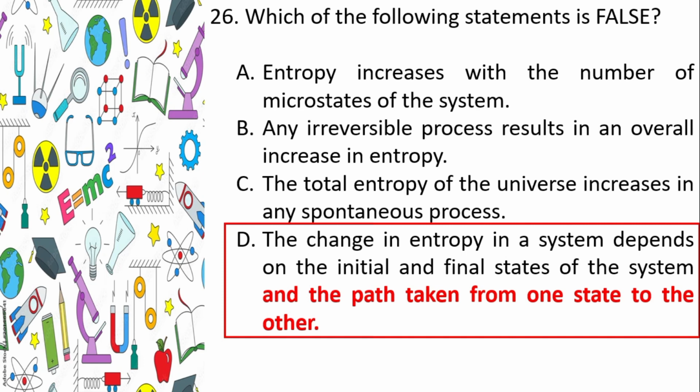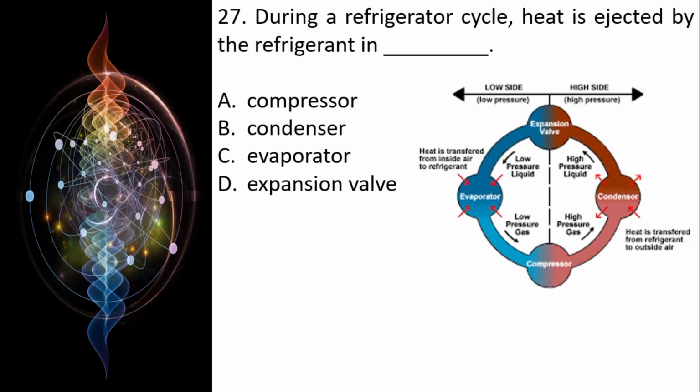Okay? Letter C, which is correct. Letter C, the total entropy of the universe increases in any spontaneous process. Every time there is a process in the universe, entropy increases. Okay? Disorder increases.